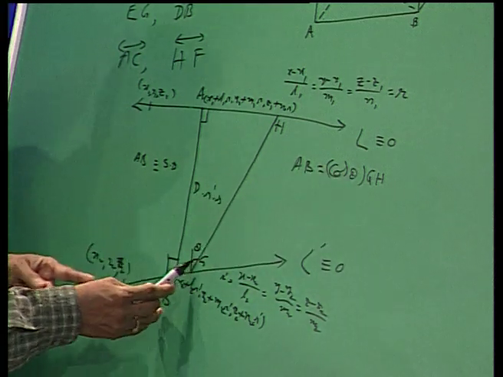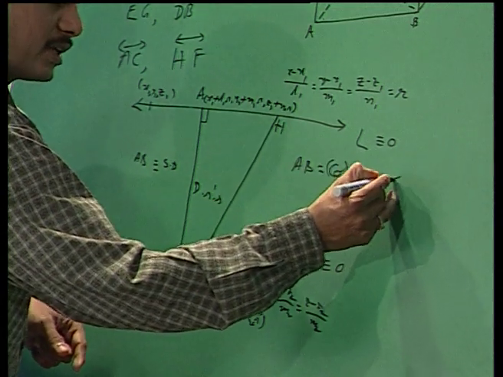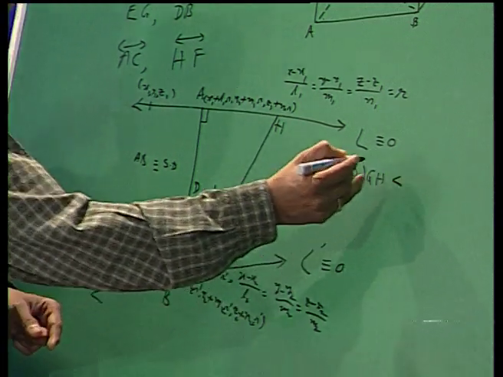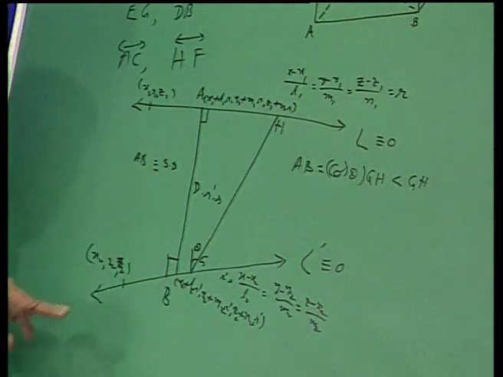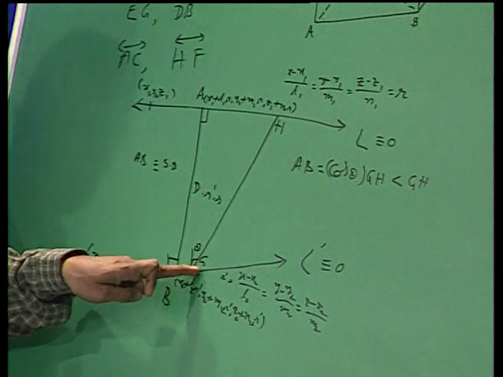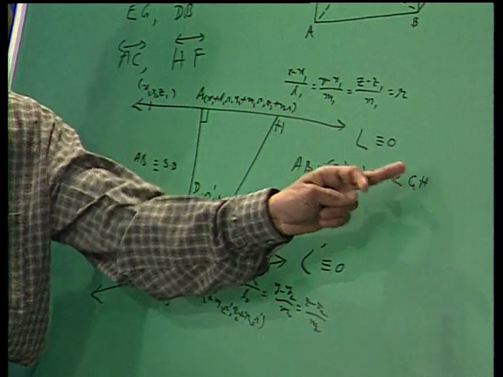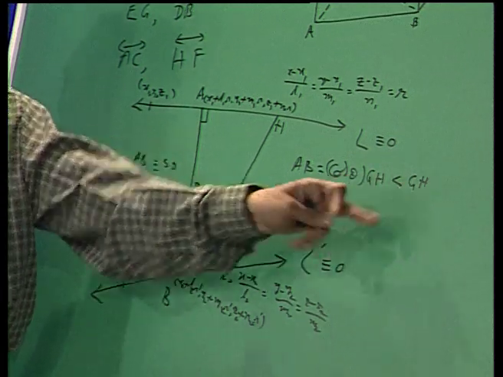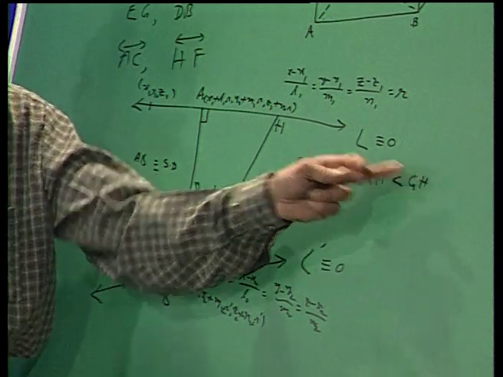Here theta is greater than 0, therefore, cos theta will be less than 1. Therefore, we get cos theta into GH is less than GH. I repeat, here theta is a positive acute angle, therefore, cos theta is less than 1, and if we multiply both sides by a positive quantity GH, we have cos theta into GH is less than GH.